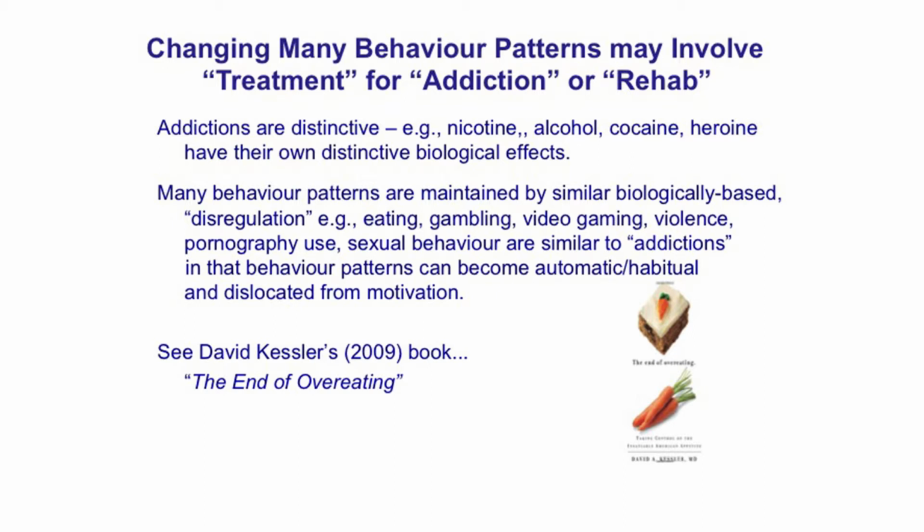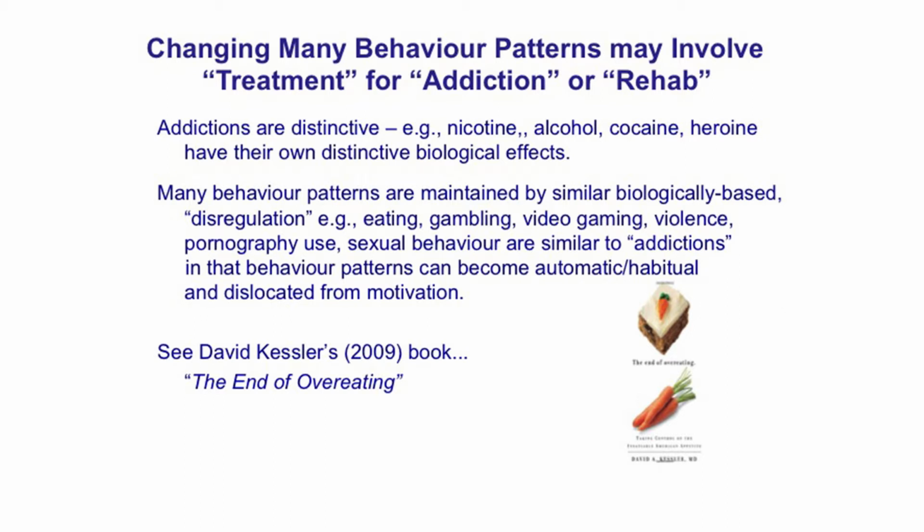But in fact, a lot of our behavior, eating, exercise behavior, a whole range of behavior patterns that are relevant to health, actually can become habitual. And so in order to change behavior, we might need to break existing habits and then set up new habits so that the behavior is automatic in the situation where we need it.